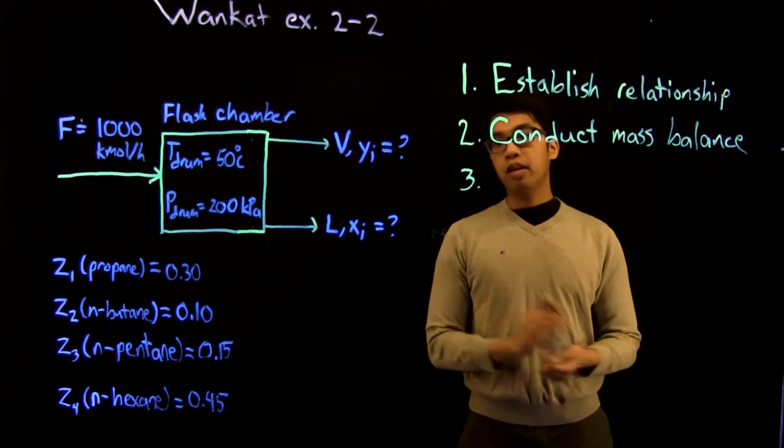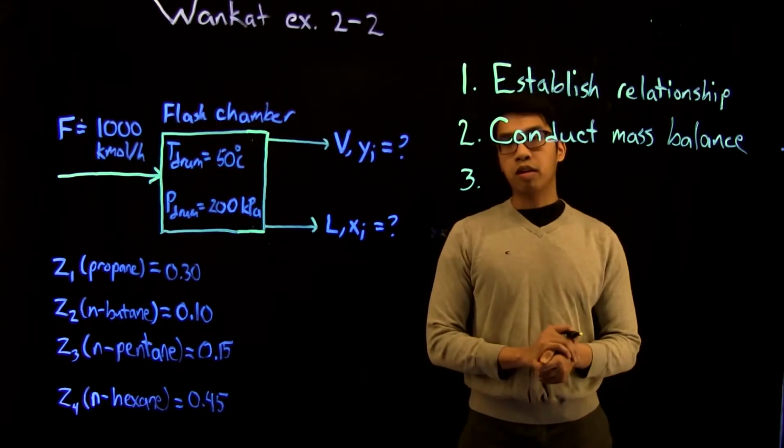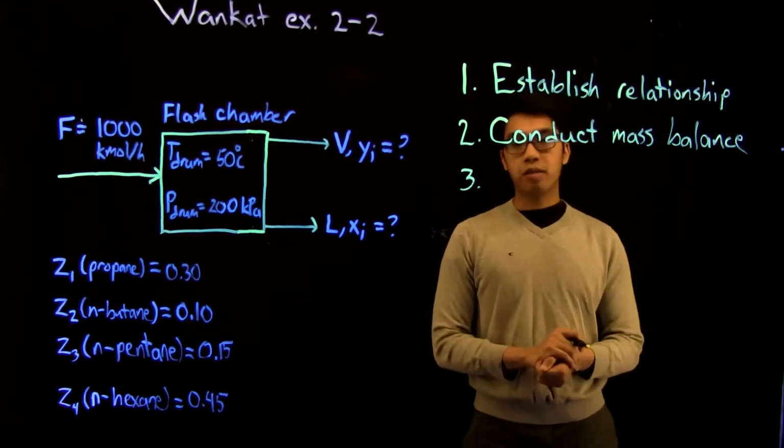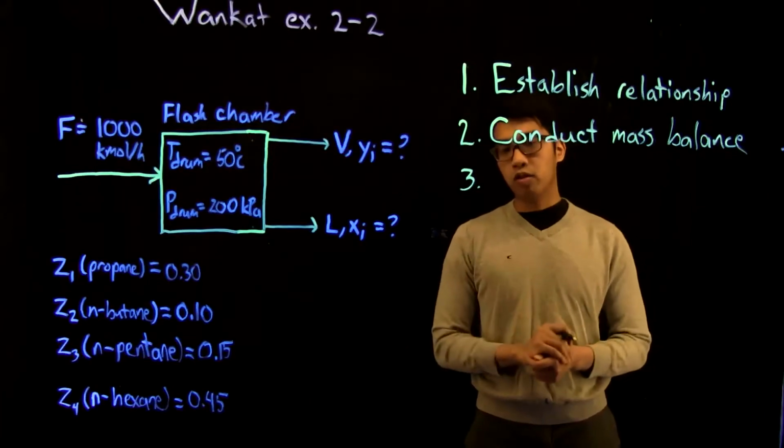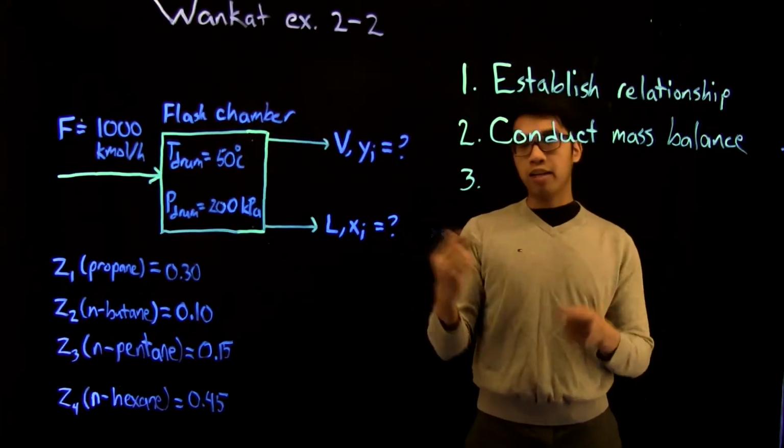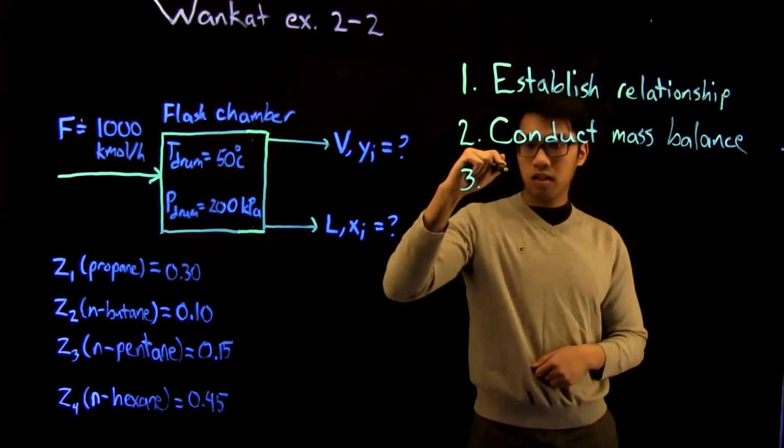The first step is sometimes to conduct an energy balance, and this is optional, and in some problems you won't need to do this, but we're going to add it here for the sake of completeness.